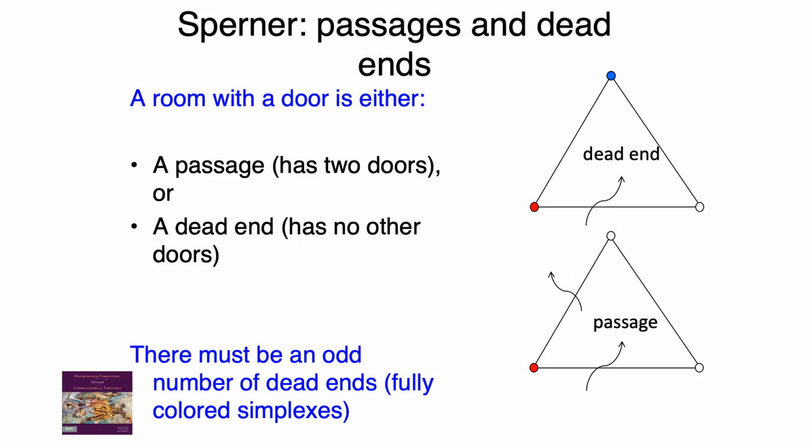If the vertex has one of the colors from 0 to n-1, then you have exactly one more door, because you take the n-1 face which includes the n-2 vertices, excluding the color of the new vertex, and this new vertex, and this gives you one more door. Anyway, a room with a door is either a passage with two doors or a dead end, no other doors.